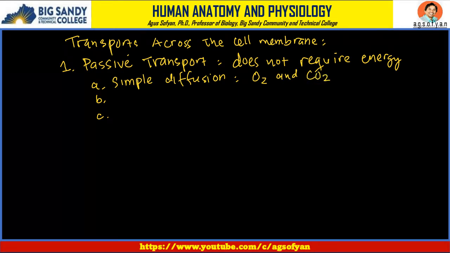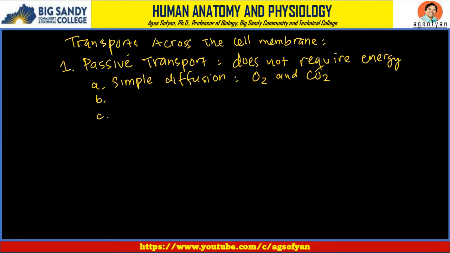Oxygen moves from higher concentration outside to lower concentration inside, just crossing the phospholipid bilayer without any help. The same with carbon dioxide: it will move from inside to outside by just crossing the cell membrane, the phospholipid bilayer.